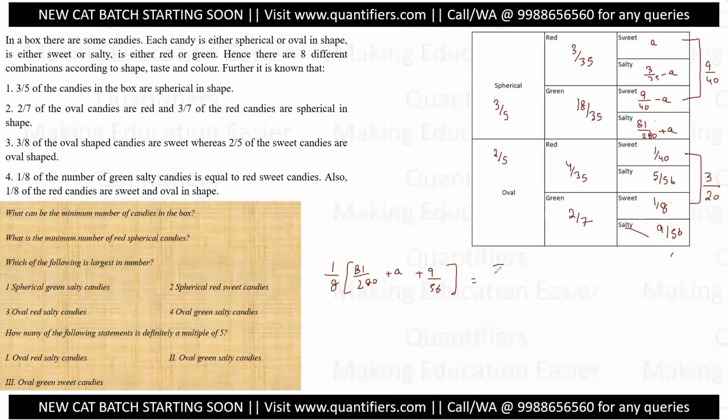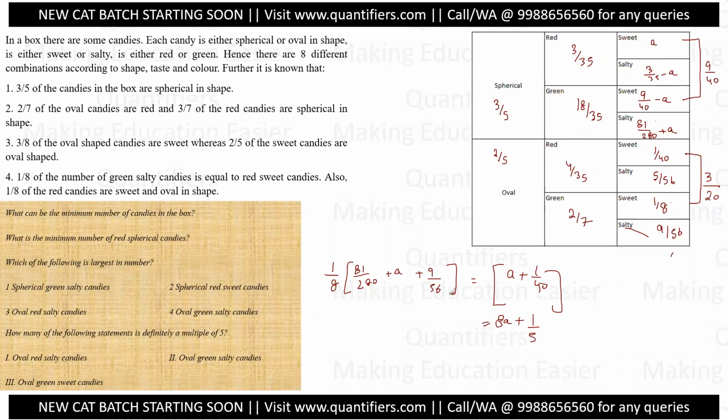Red sweet are A and 1 by 40. Right. These are red sweet. This is red sweet and this is red sweet. These are the two red sweet parts. All right. So 8 को यहाँ भेज देते हैं. That would be 8A plus 1 by 5.